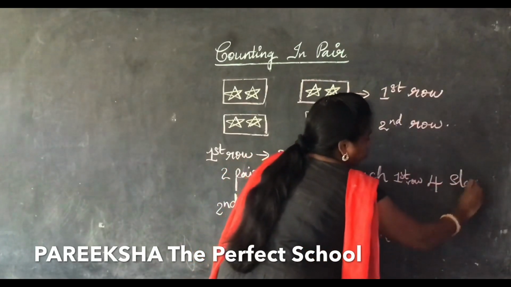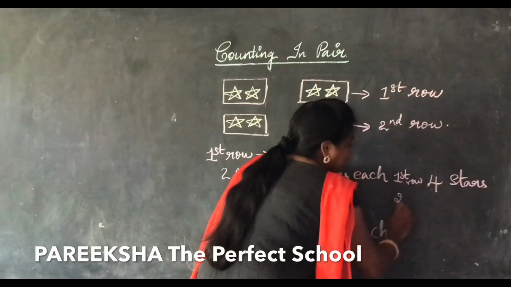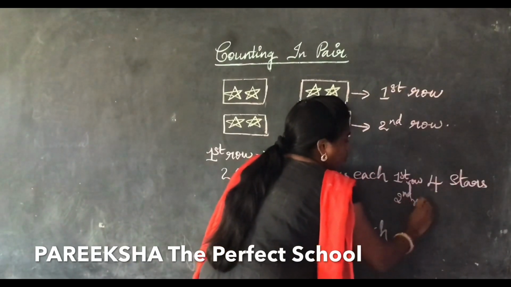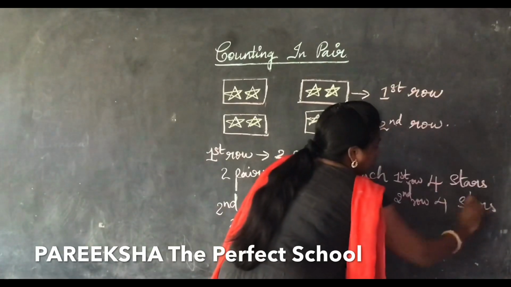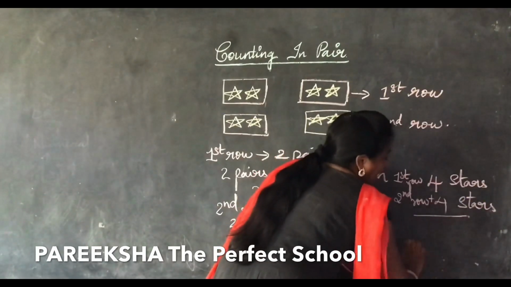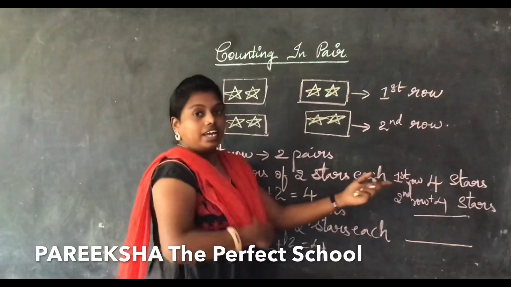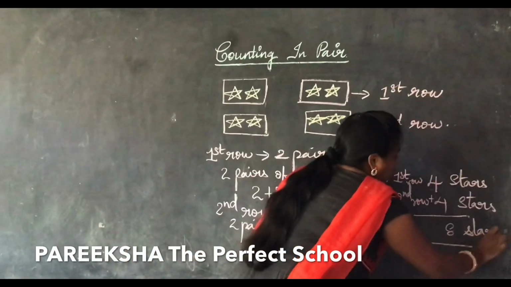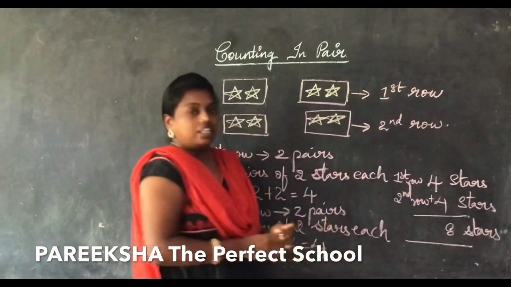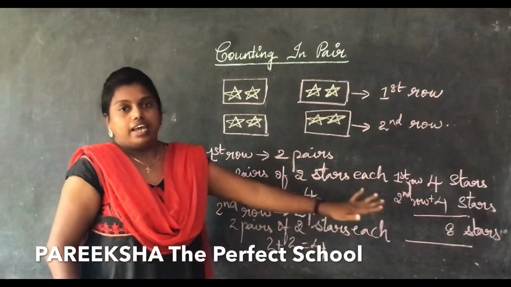Whereas coming to the second row, we have 4 stars. If you add together, how many are there? 8. That means in the first and the second row, we have 8 stars.